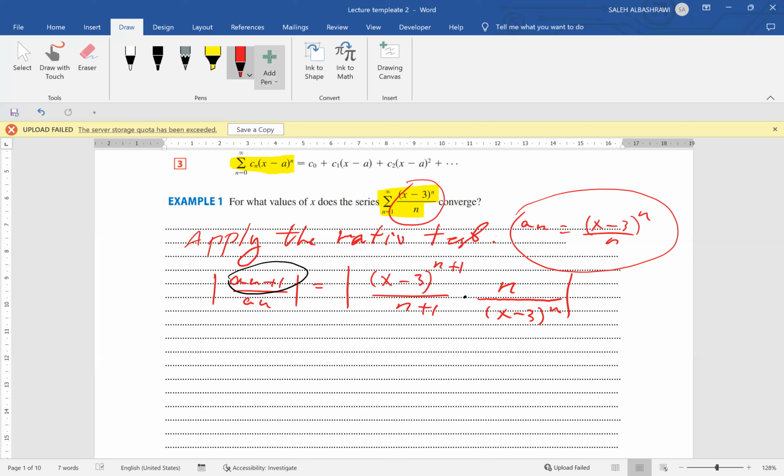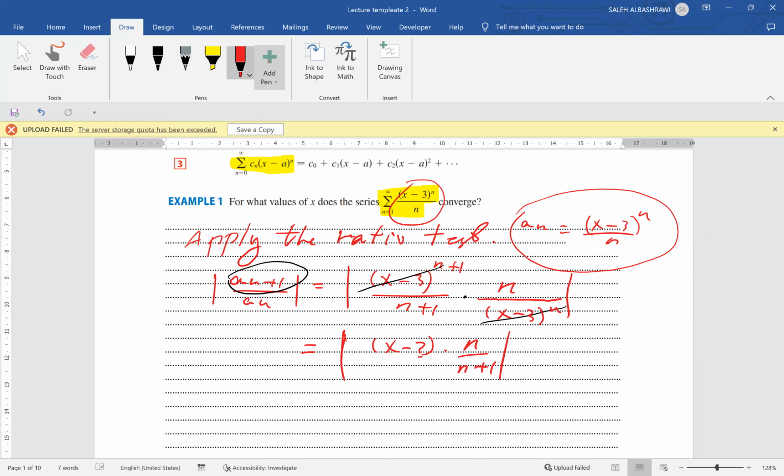We simplify this one. In x minus 3 to power n plus 1, we can cancel x minus 3 to power n, so the remaining will be only x minus 3 to power 1 times n divided by n plus 1.